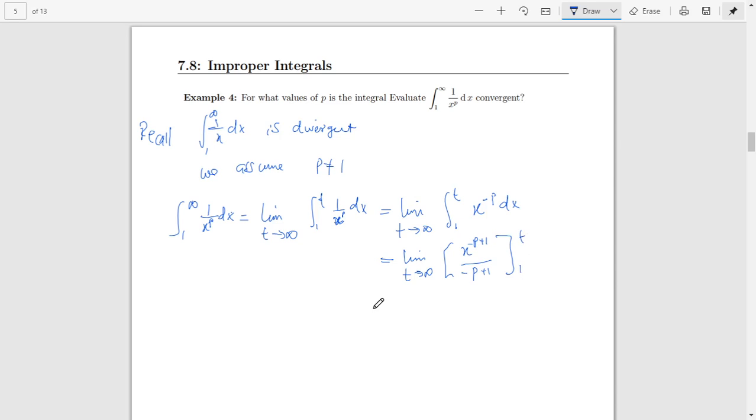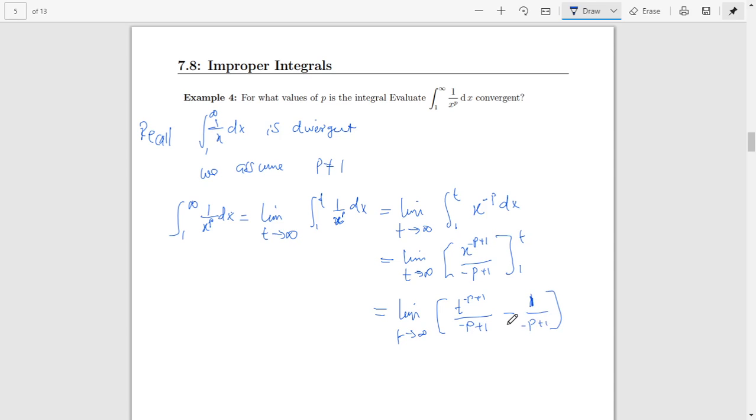So what would that be? When x is equal to t, I have t to the minus p plus 1 all over minus p plus 1. And when x is equal to 1, I just get 1 all over minus p plus 1.